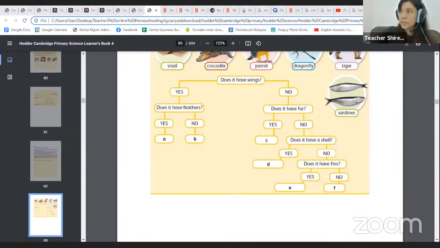Sure, go ahead. I just prefer the exercise book so you won't lose it. But if you don't have an exercise book, you can write on a piece of paper. It's fine. On the header there, just write identification keys, page 83.